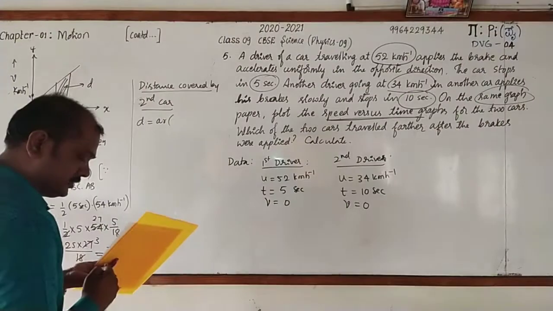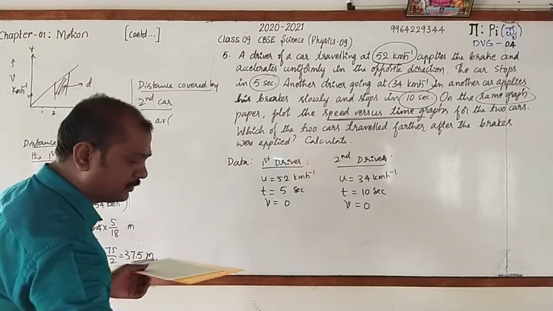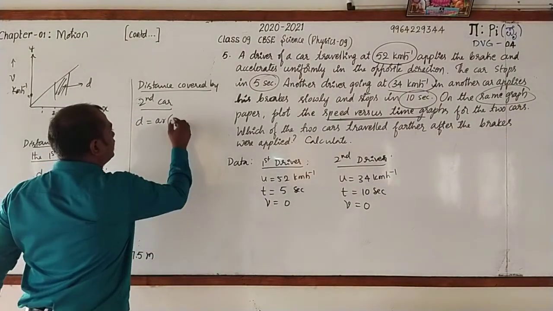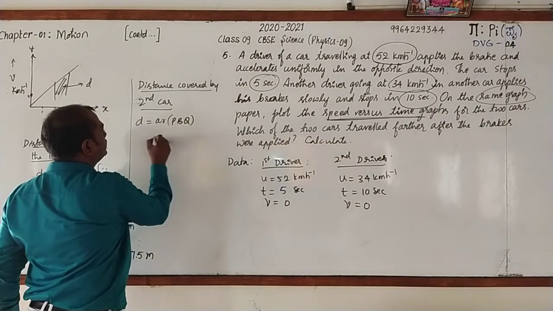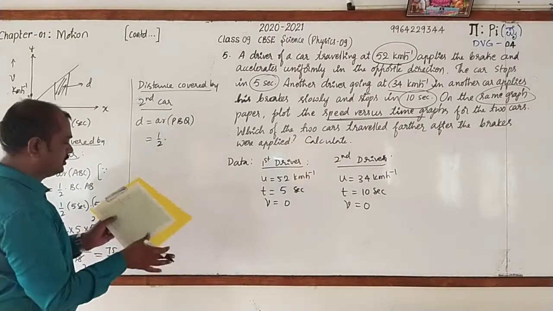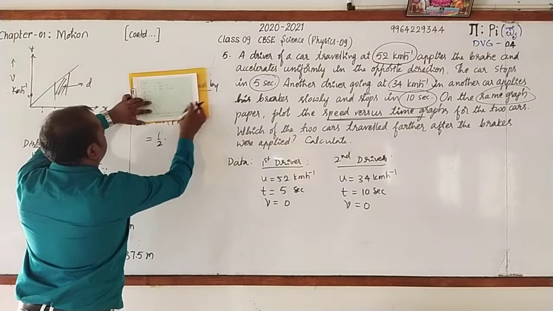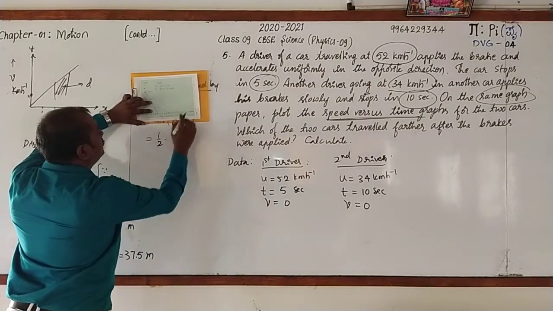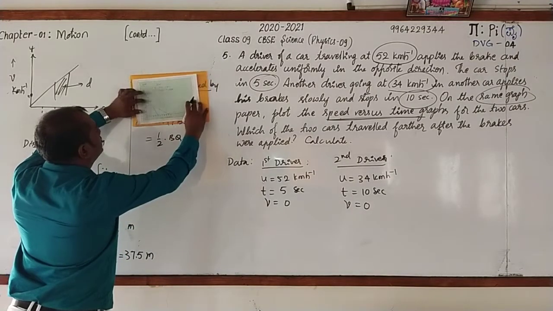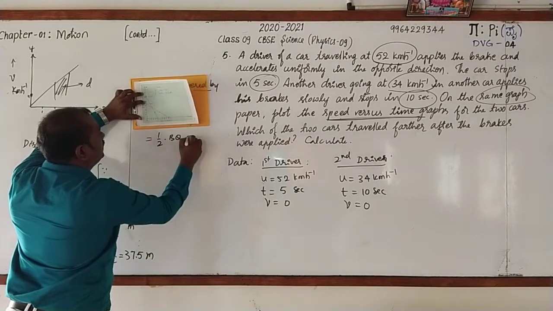Here I will write area of PBQ. Area of PBQ is equal to half into base, which is BQ, into height, which is PB.